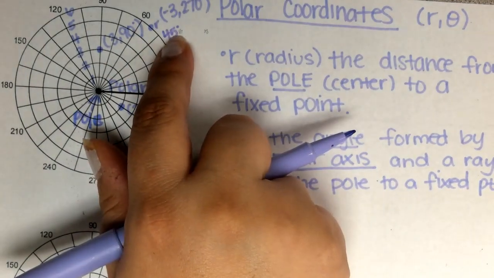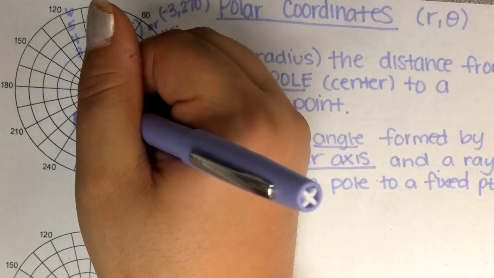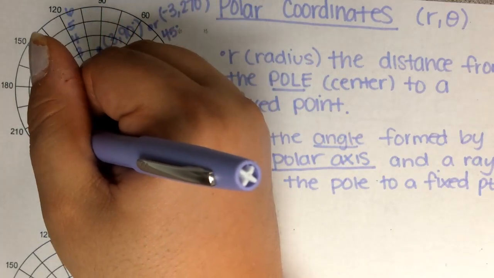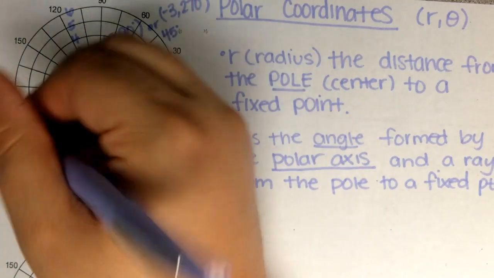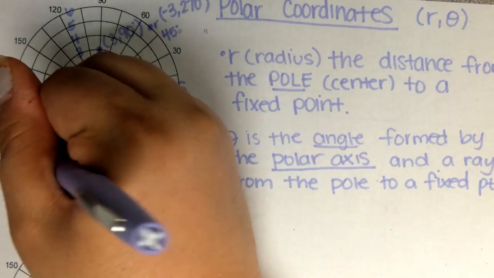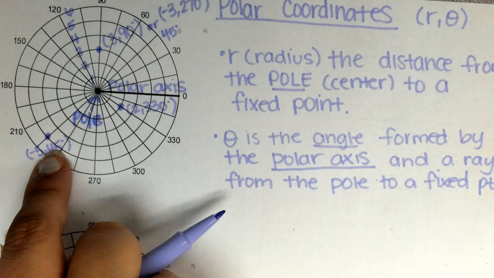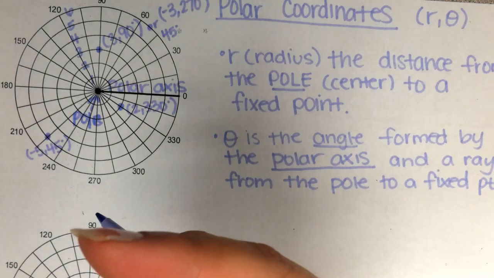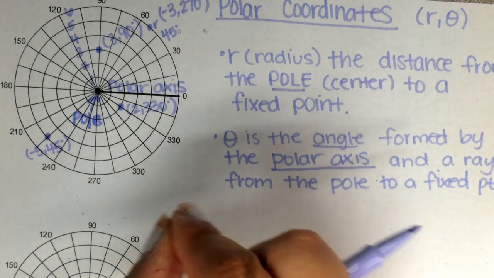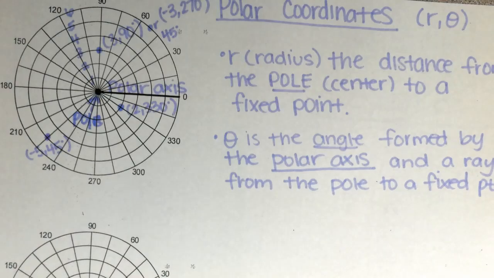Since it's negative, you're going away or across. 2, 3, 4, 5. Where do you end up at? 225. So you could call this point -5, 45, or you could call it 5, 225. Does that make sense?